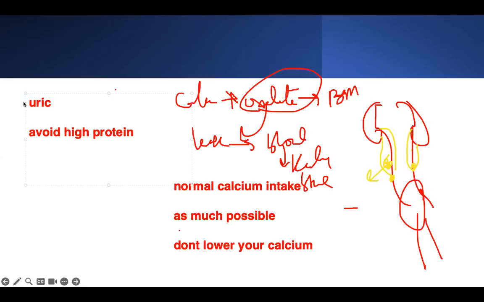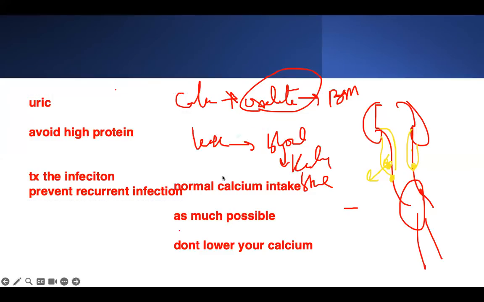And if it's recurrent stone due to antibiotic, or due to recurrent infection, we have to treat the infection and prevent recurrent infection. That's all.